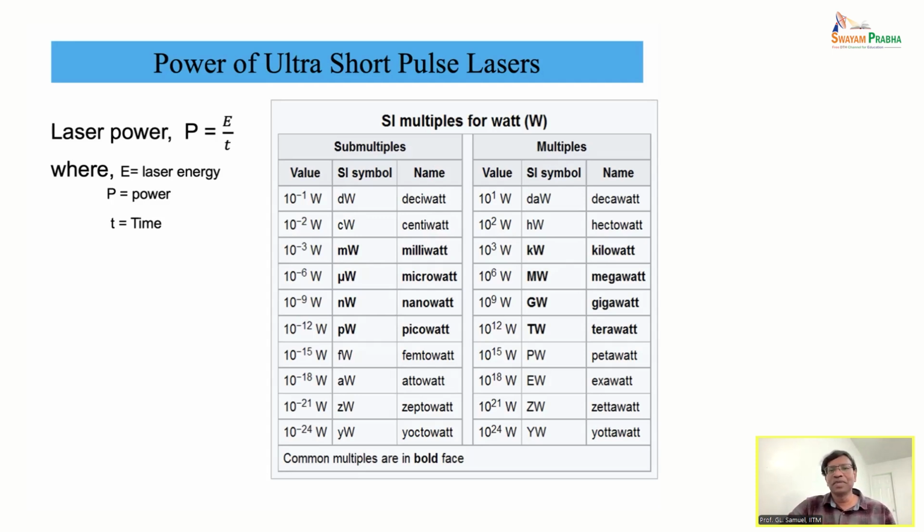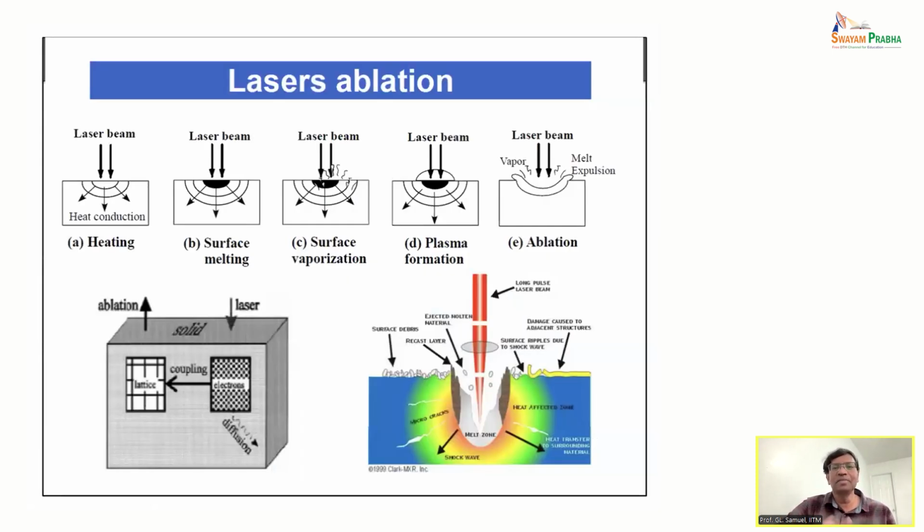Generally, when we have power plants, they specify that this hydroelectric power plant is producing this many hundred megawatts, or nowadays a gigawatt, which is more power. That kind of high instantaneous power is produced in that short pulse, and with that order of energy we can evaporate any material.